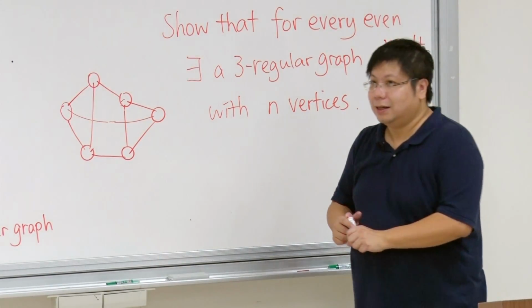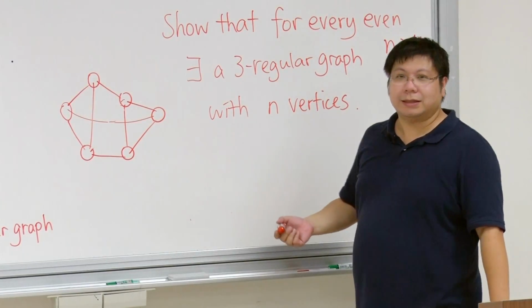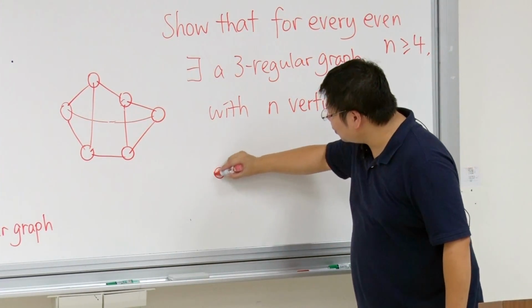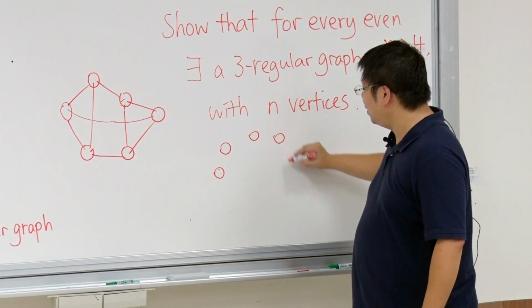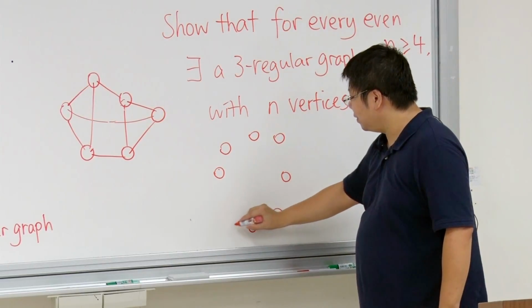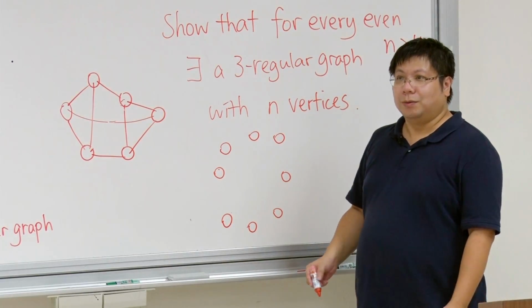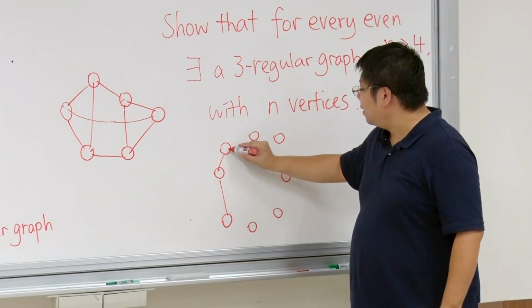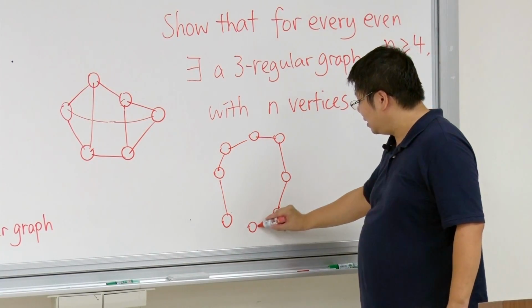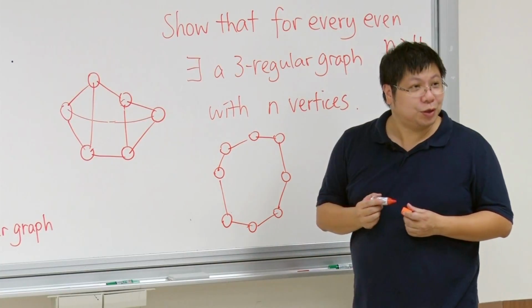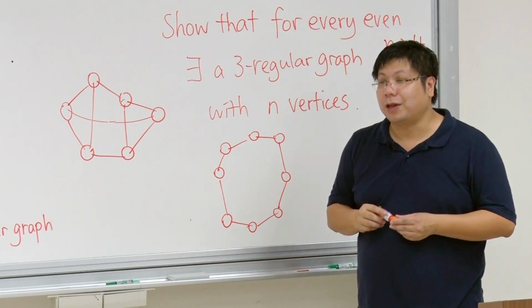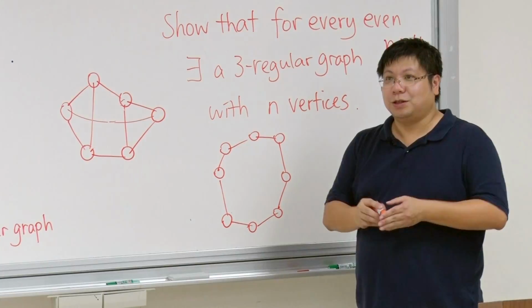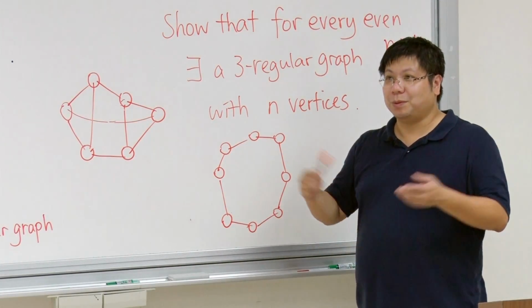Let's say we have 8 vertices, 1, 2, 3, 4, 5, 6, 7, 8. To get 3-regular, let's make it simpler. Let's make a ring first. This gives degree 2. If every one of them can get to 3, then it will be done.